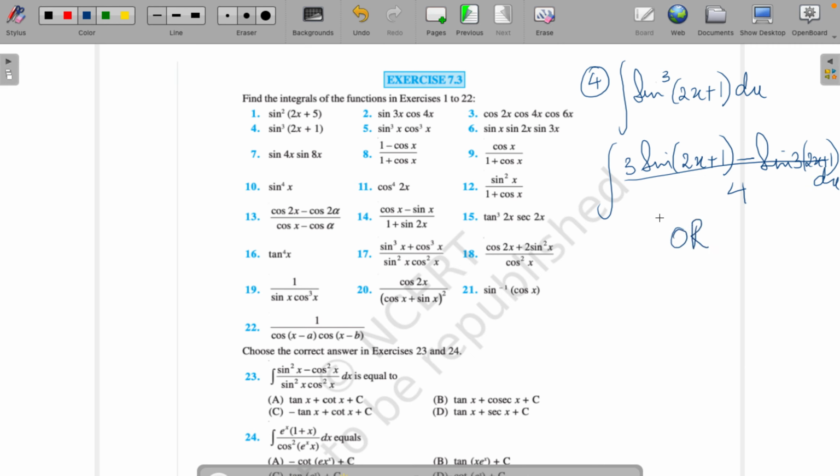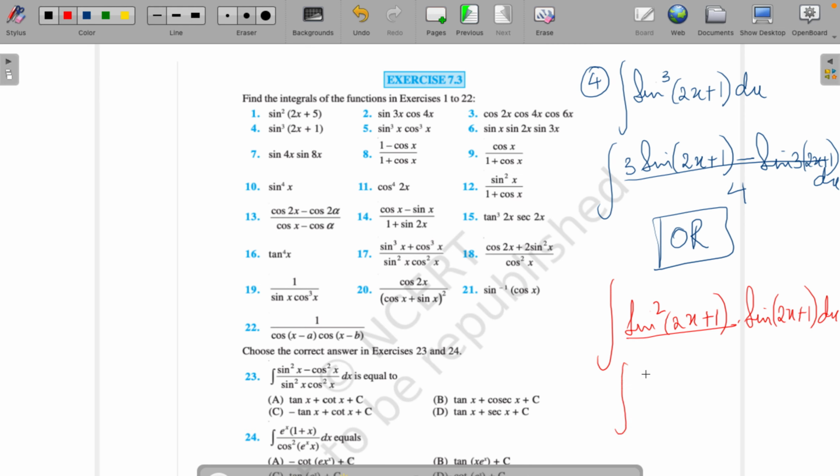Or suppose you forgot the formula, you don't remember it, can I write it as sine square x into sin x? And this sine square can be written as 1 minus cos square x using the identity.